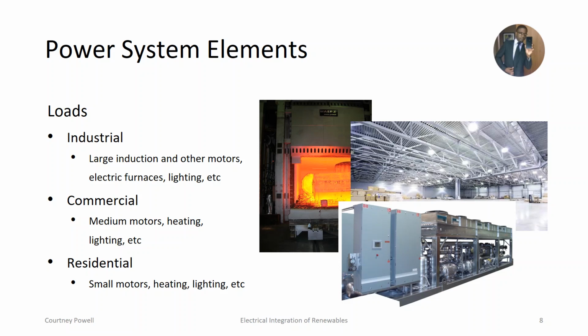So you look at industrial loads, commercial loads, and residential loads, and the characteristics of the different load classes tend to be dependent upon the type of equipment that are used in those classes of loads, such as large induction motors and other motors, electrical furnaces, and lighting that are specific to industrial application.